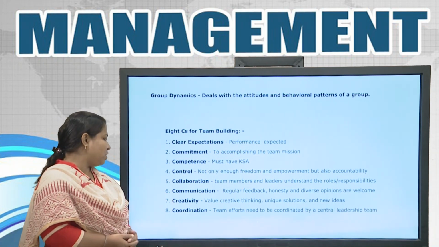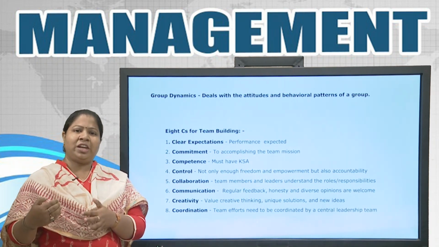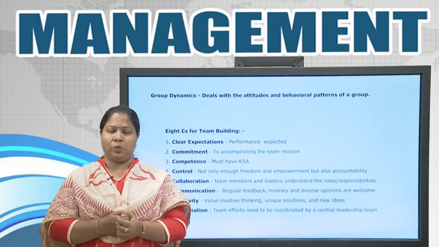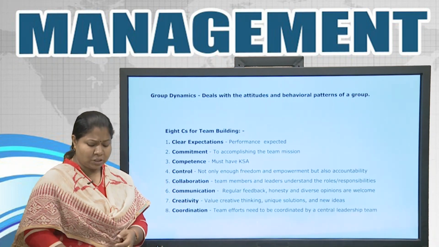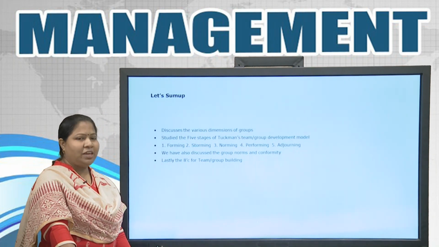The last one is coordination. Coordination means each and every team member should coordinate with the team leader to achieve the target, to achieve the goal. Let's sum up here.